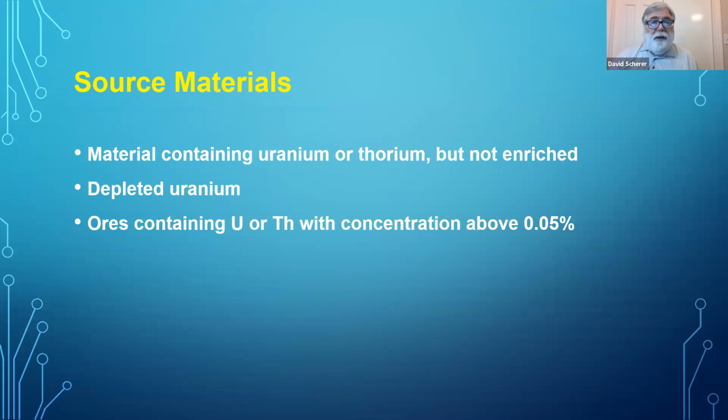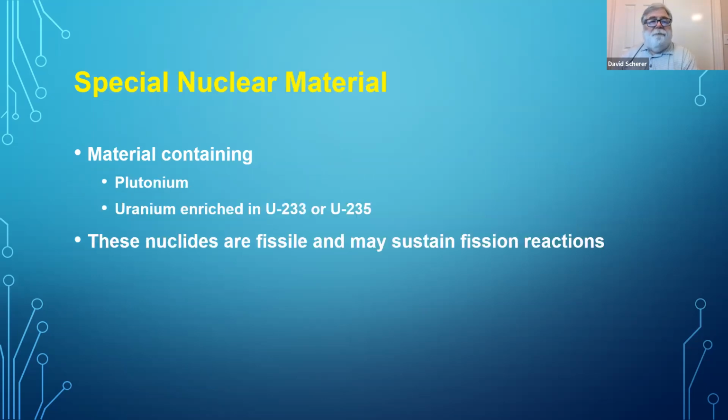It's depleted uranium from the enrichment cycle. The material that's not enriched, the depleted uranium, is regarded as source material. And ores containing uranium or thorium with concentrations above 1/20th of 1%, those are all source material. So if you work in radiation safety, you will no doubt hear about source material at some point in your life. All it is is the feedstock for the fuel cycle.